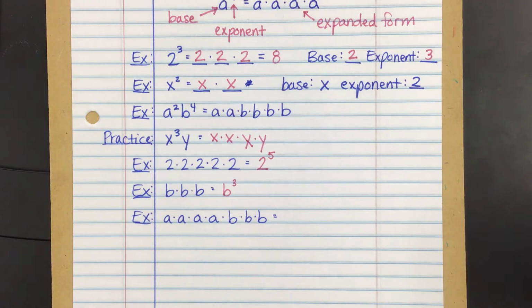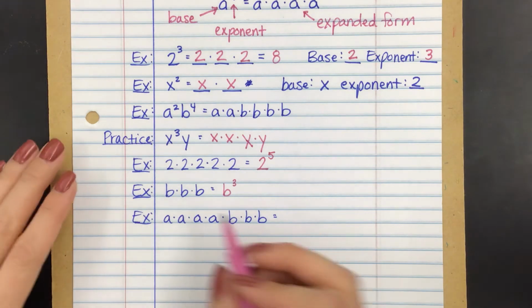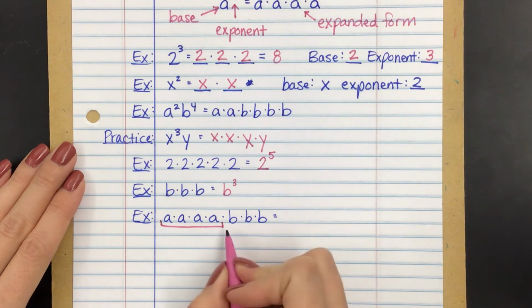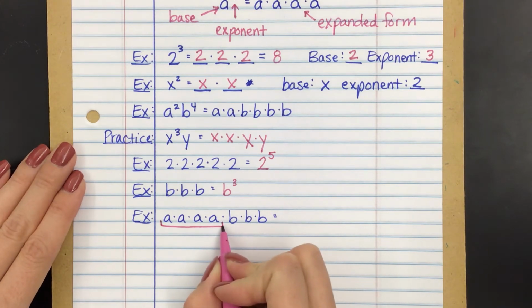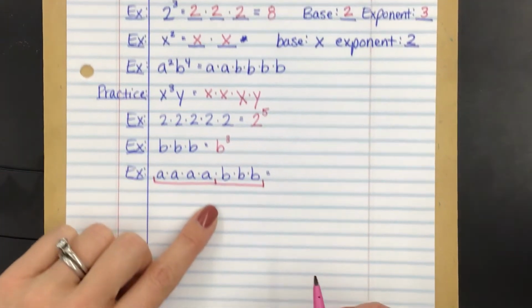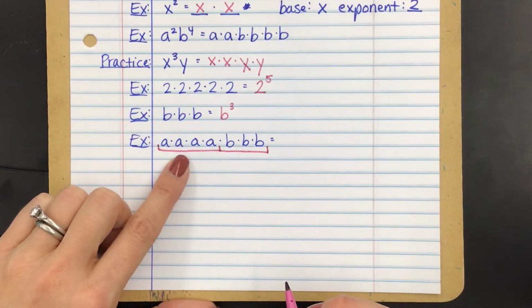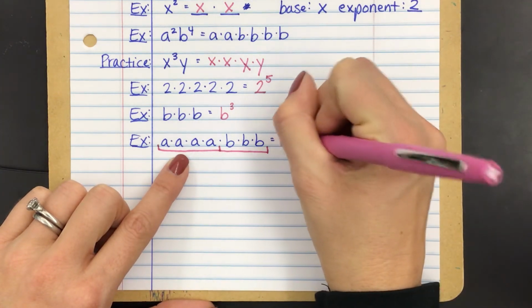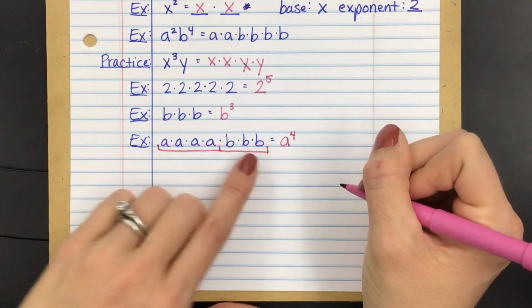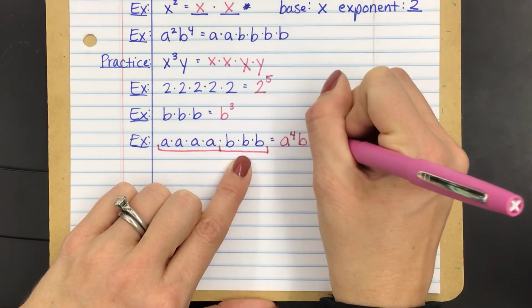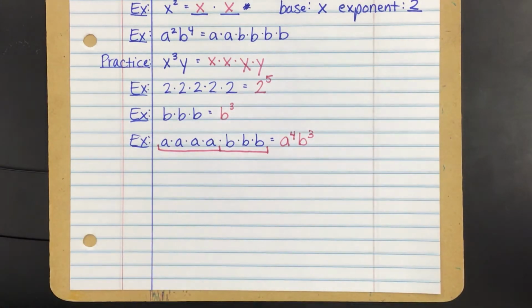For this one, we're kind of looking at it in chunks, aren't we? We're first going to write this part in exponential notation, and then we're going to write that part in exponential notation. So what's that first part going to be? A to the fourth power. What's the second part going to be? B to the third. Awesome.